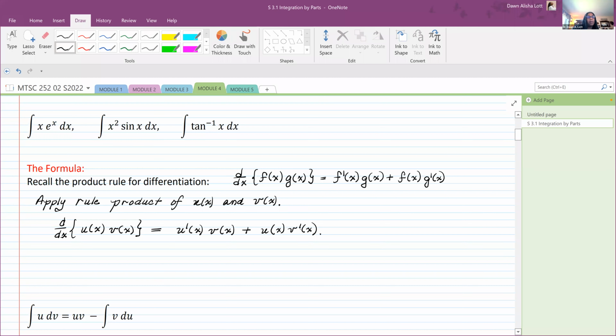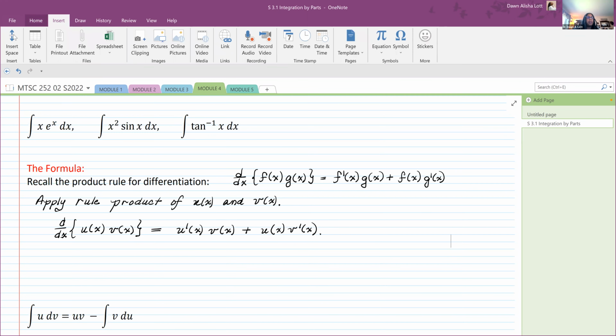All right, so now what I want to do is I'm going to integrate that formula. Anybody have any questions so far? Okay, going to integrate this formula so I get the integral of the derivative.